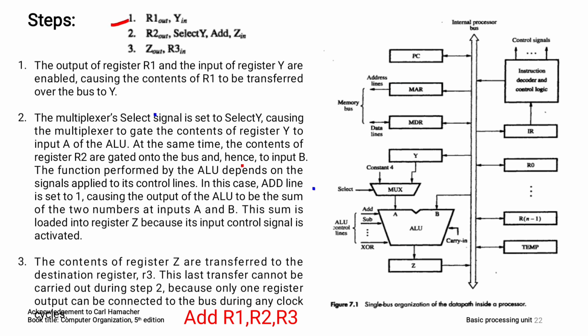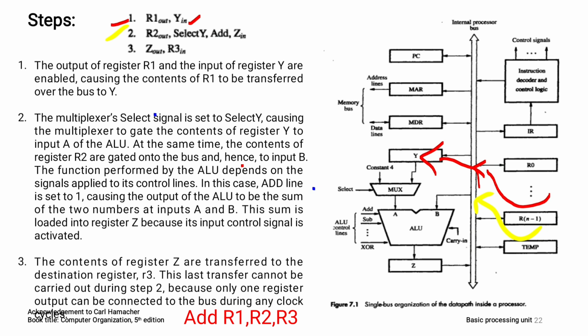In the first step of control signals, R1 out: the R1 register will give its content onto the processor internal bus. Then Y in will take it into the Y register. So R1 will be stored in Y in the first step. In the next step, R2 out: R2 will give its content on the processor internal bus.